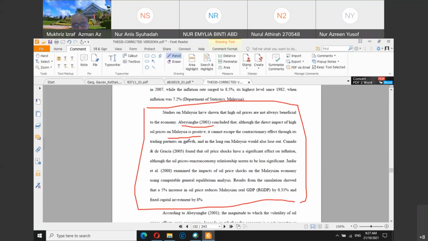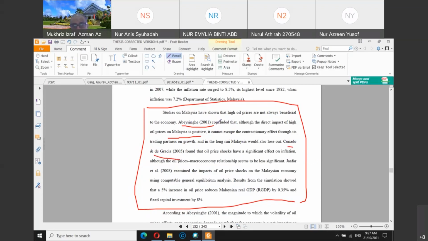Otherwise there is no difference in your study compared to other people's studies in the past. So when I cited papers by Abi Singhi, Cunado, and Di Gracia, these authors have done something on a similar issue on Malaysia.